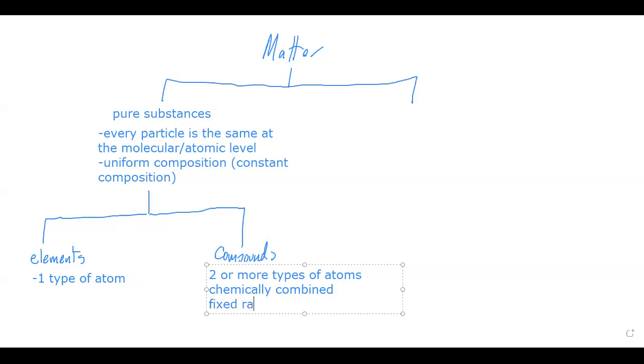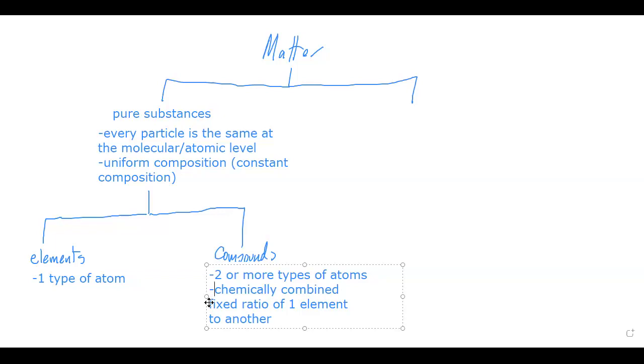And in those chemical compounds, we will always have a fixed ratio of one element to another. That's where the constant composition part comes in.